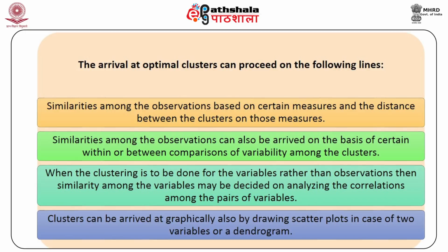Clusters can be arrived at graphically also by drawing scatter plots in case of two variables, or a dendrogram. The quality of clustering result depends upon the methods used and their implementation. There is a dimension of subjectivity involved in cluster analysis which does affect its quality.